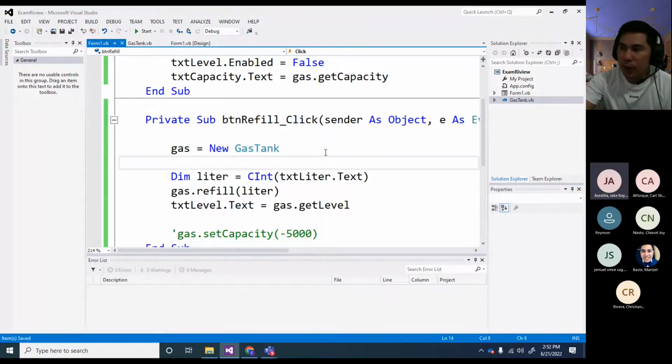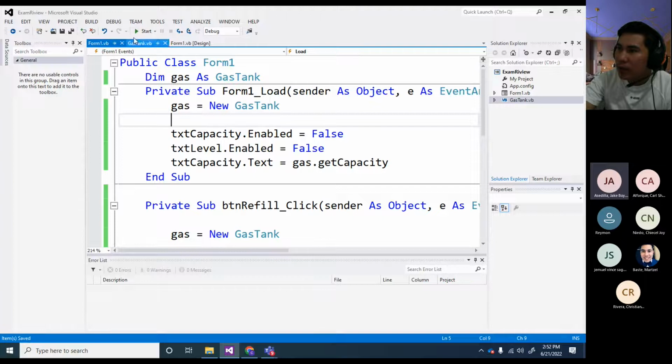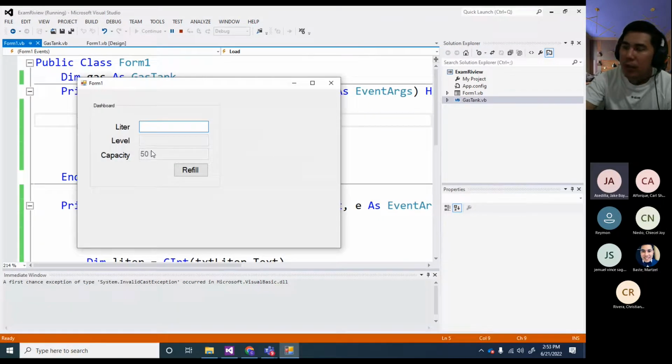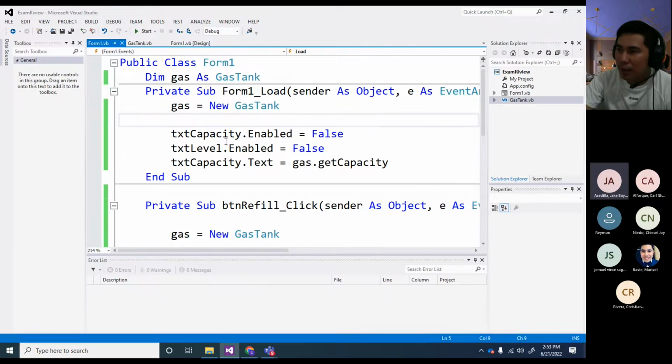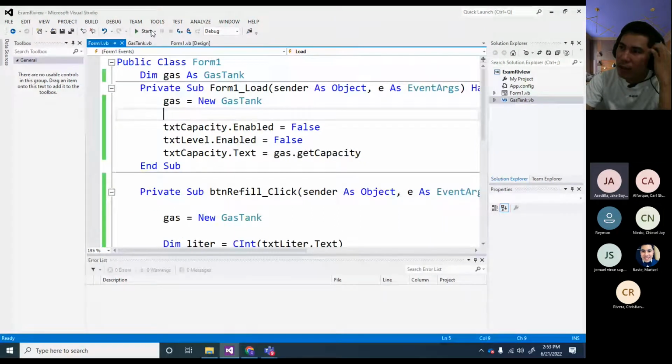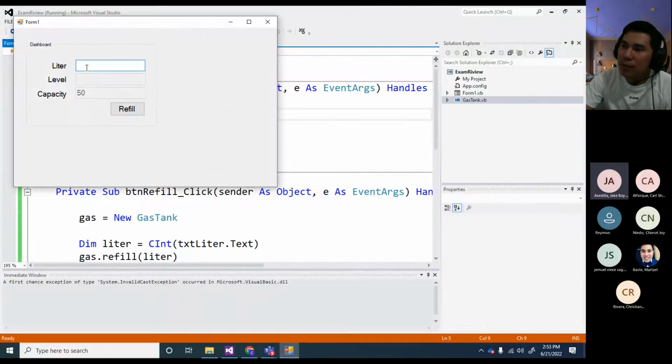Okay? So anyway, let's run the program now. You have 50 as our capacity. And if I'm going to say 500, it may sound like the program is useless, sir. Yes, probably you can't appreciate it, because you could just input data from here, store it, and add it.